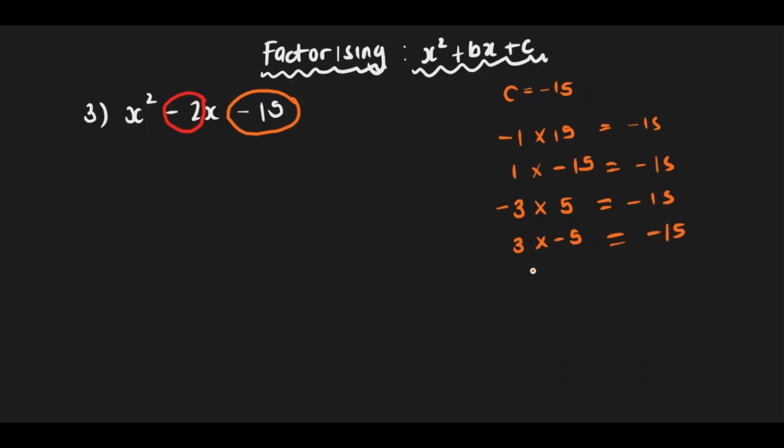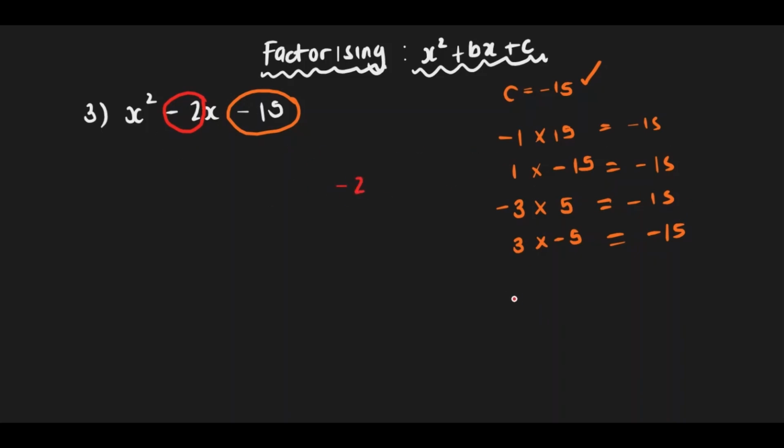So everything that we did here satisfies this condition. The one that we need to find must satisfy this condition and this condition: when we add the two factors together, we need to get B, which in our case is -2.